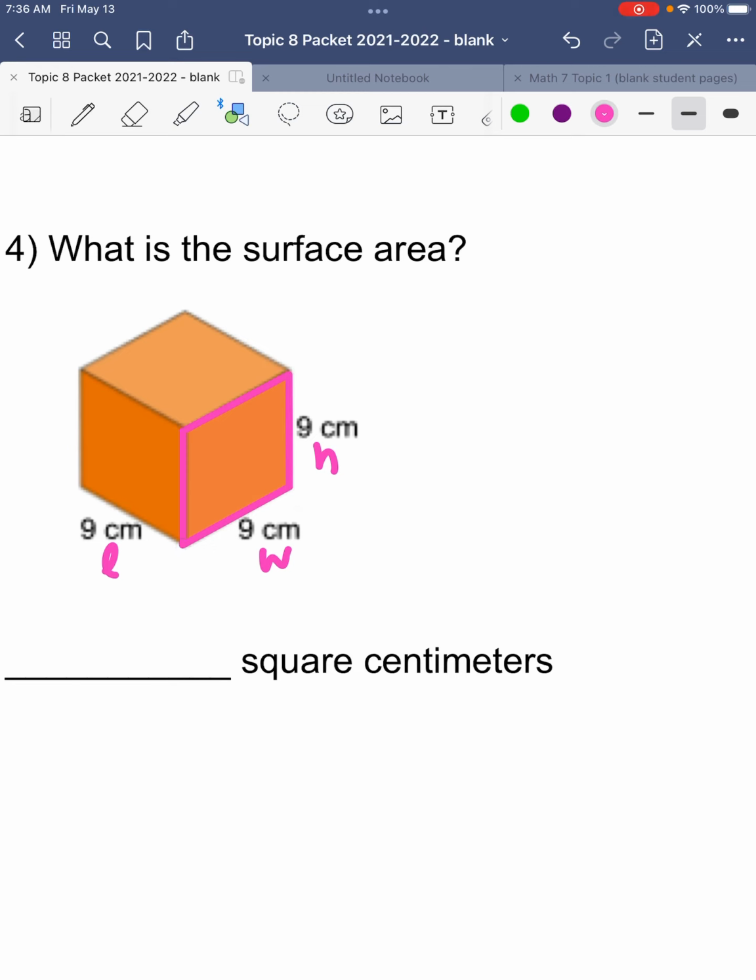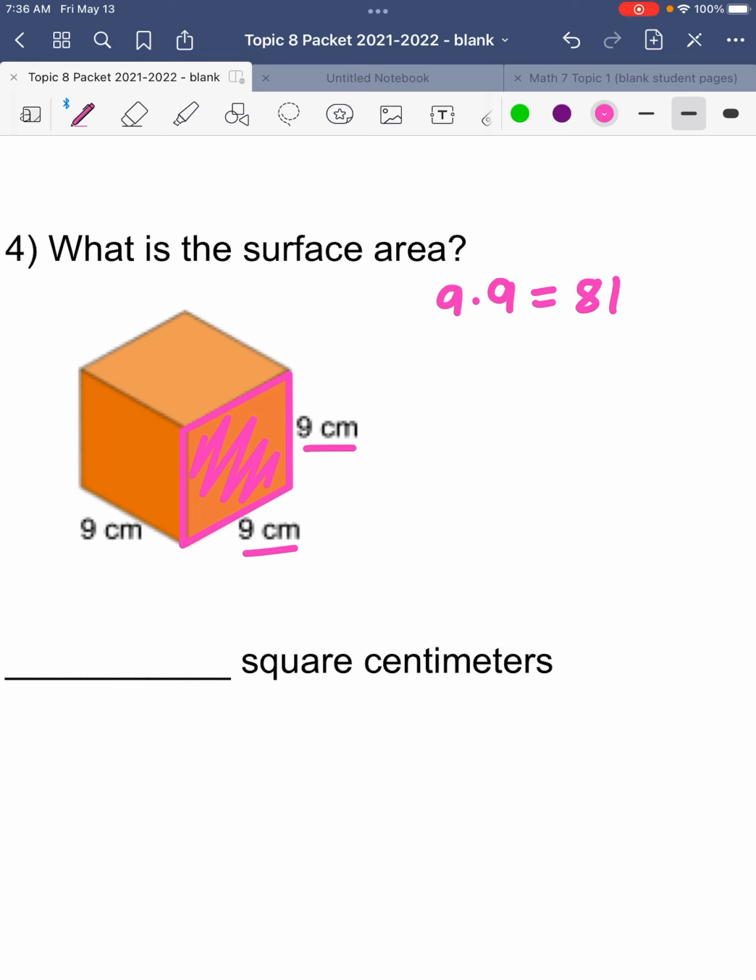Okay, so I'm finding the area of this side. Well, the area of that side, I know is going to be 9 by 9, right? So 9 times 9 is 81.